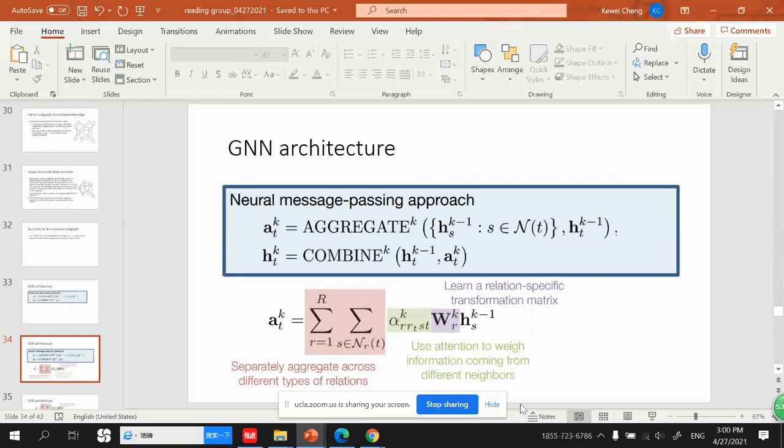In addition to that mechanism, we also use attention to weight the information coming from different neighbors, in order to represent the different roles of different relations when we do the propagation.